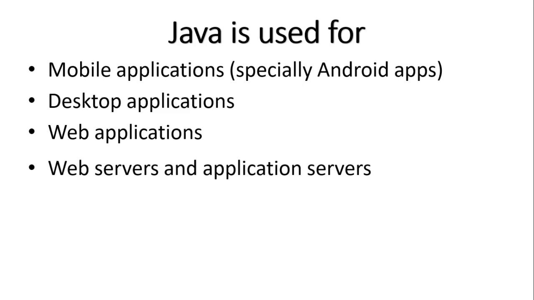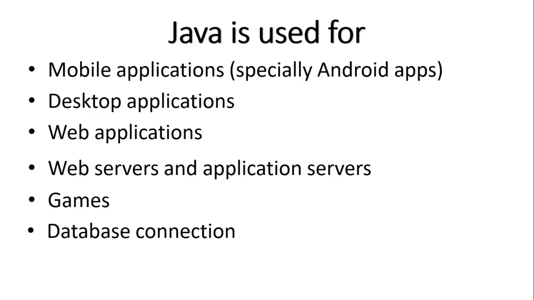It is also used in web servers and application servers, basically in internet form. And Java is used for games. The games that you play on the desktop or mobile phone, unless you have Java running in your phone or computer, you cannot play games.